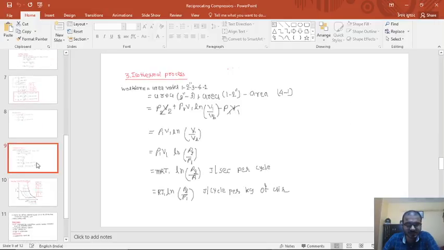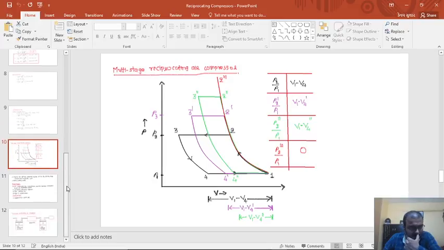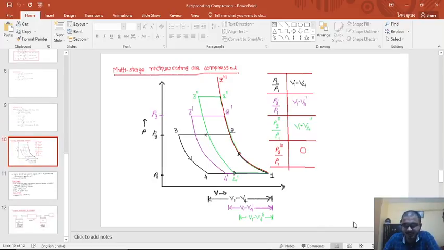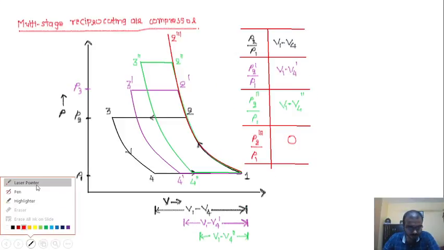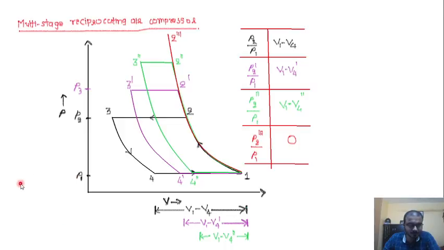In our previous lecture, we studied multi-staging of reciprocating air compressors.